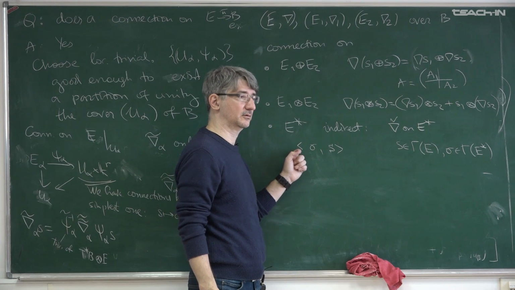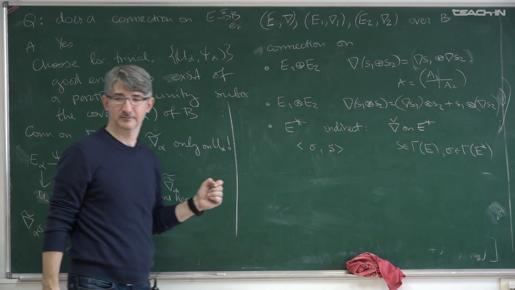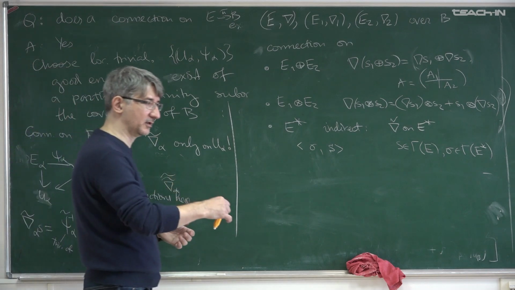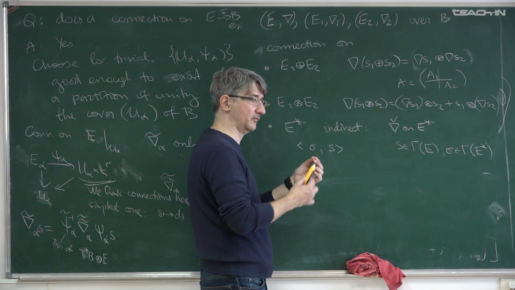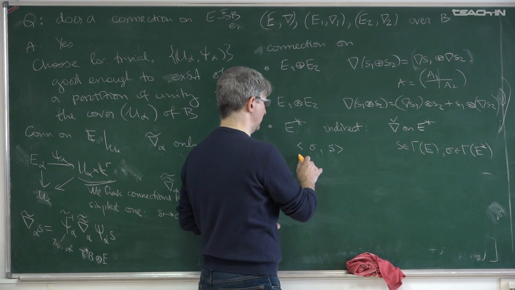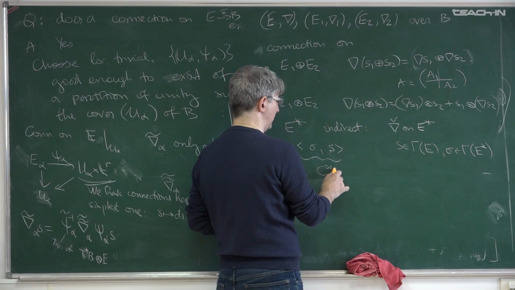What is it? It is a function, it is a one form, it's a linear operator. What is it? Function, because at each point of the base manifold, it's just a number which gives you the value of sigma on S. So this one is a function.